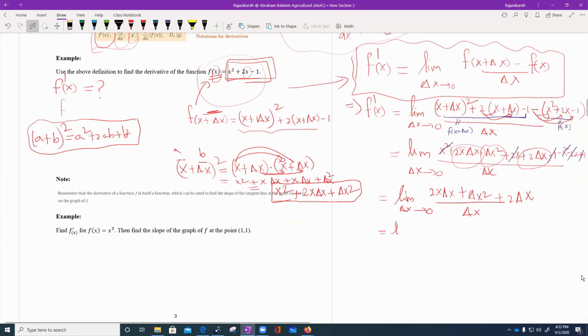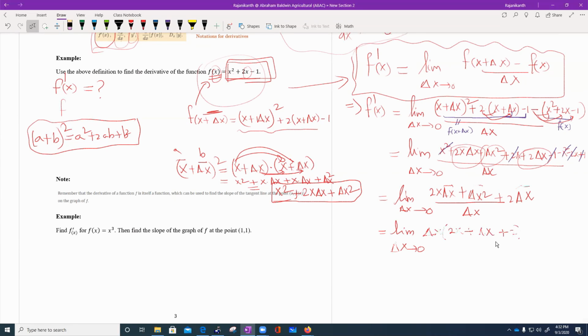Now remember, you could simplify further in the numerator. You could pull delta x out as a common factor and put it outside parentheses. Inside I could write 2x plus delta x plus 2.